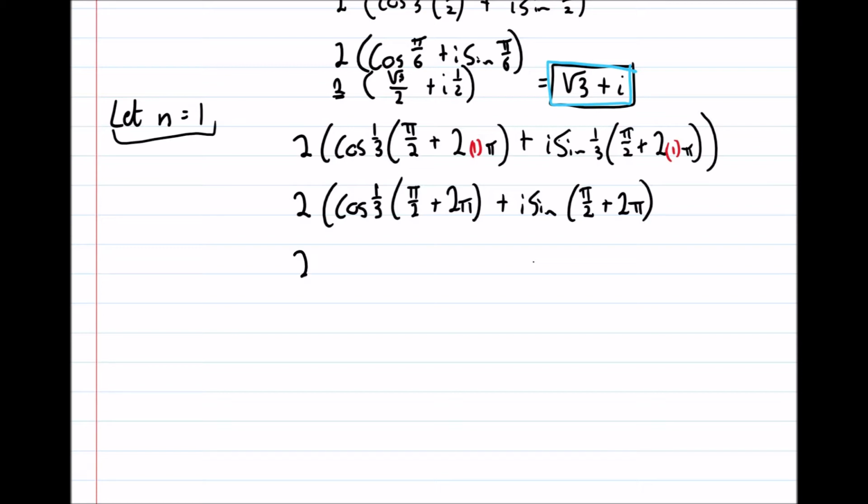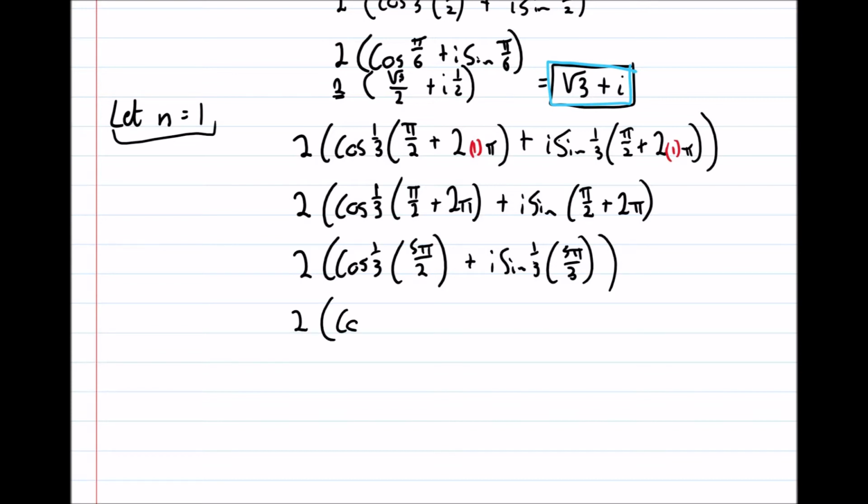Okay, so that would be 2 cos 1/3, and pi over 2 plus 2 pi is actually 5 pi over 2, plus I sine, and the same again, 1/3 of 5 pi over 2. So a third multiplied by 5 pi over 2 is 5 pi over 6 plus I sine 5 pi over 6.